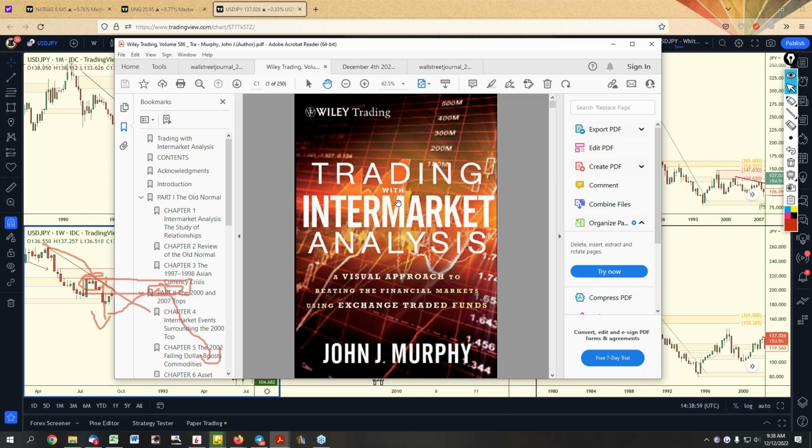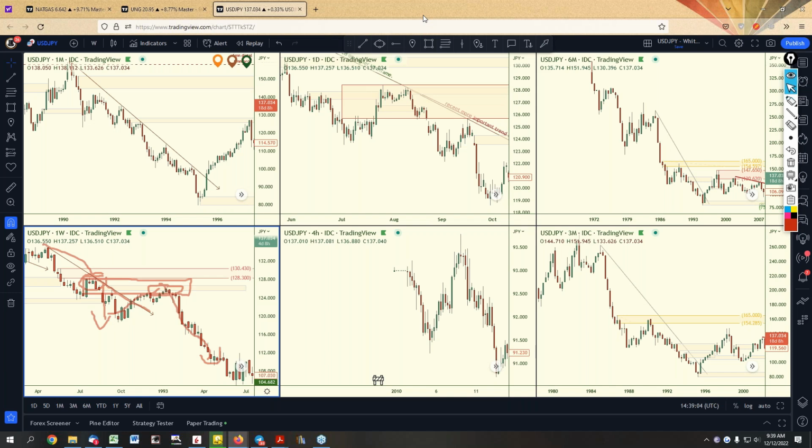The way this book presents the information is, if you're a commodities trader, you want to be tracking the dollar, because typically commodities will start to make a move before the dollar does. So if you see commodities starting to make a move first, then the dollar is probably going to follow suit. Okay, that's great, right?